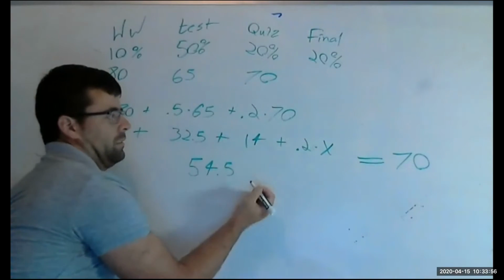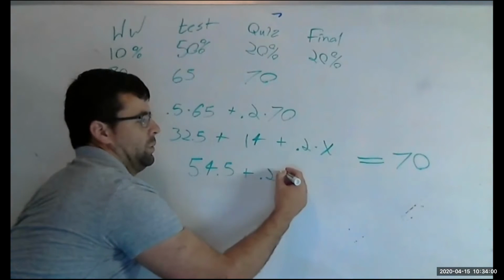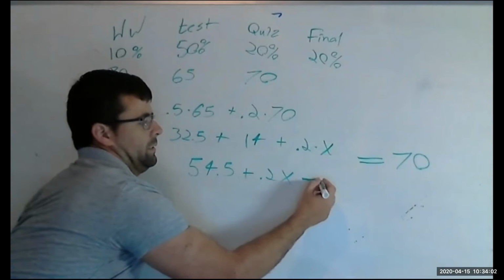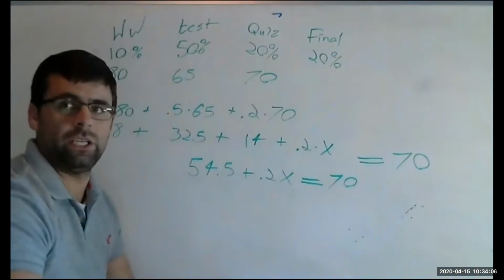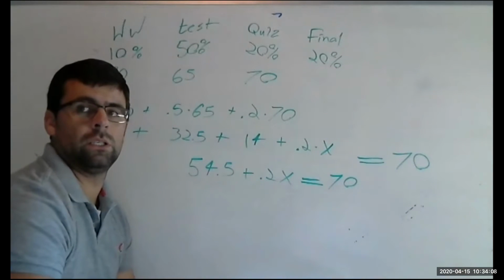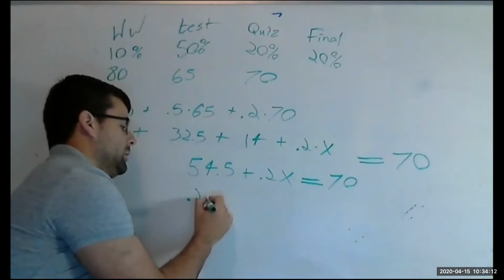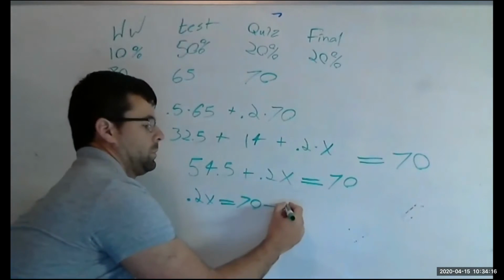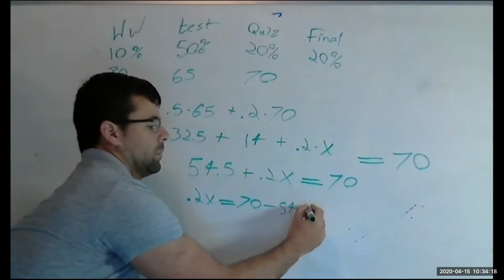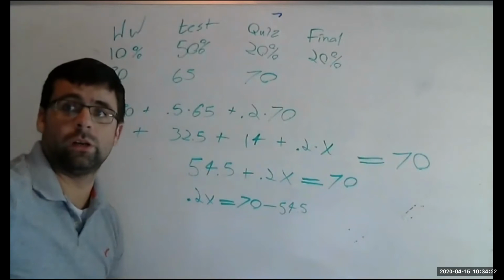So we have 54.5 plus 0.2x equals 70. What is 70 minus 54.5?